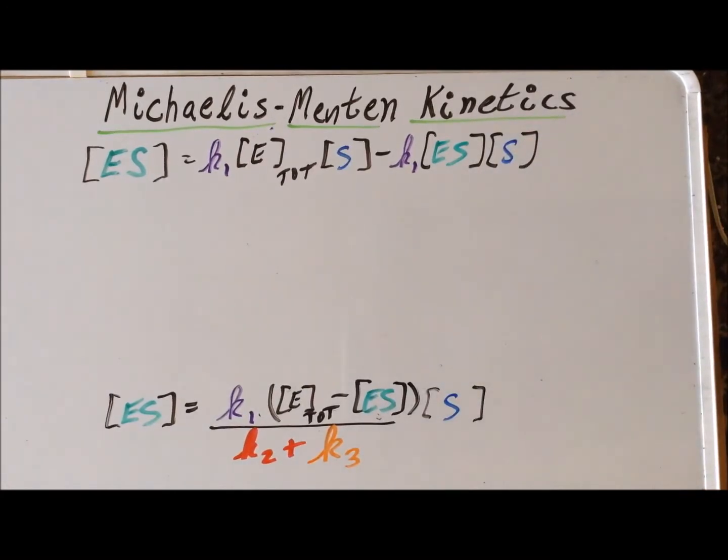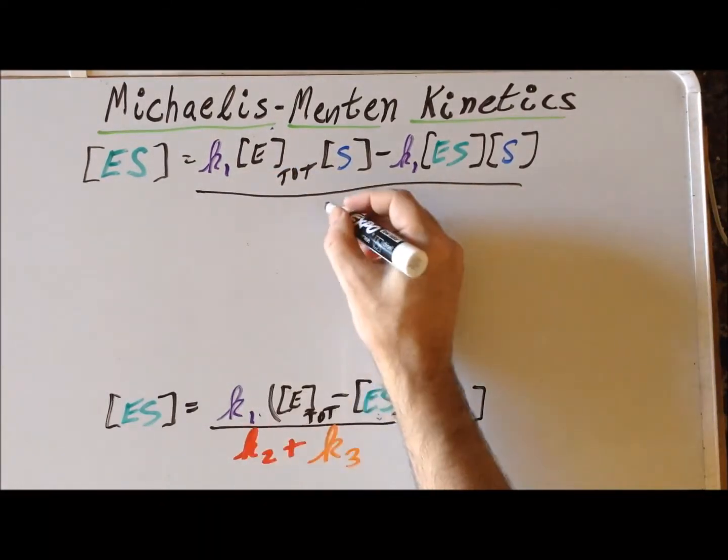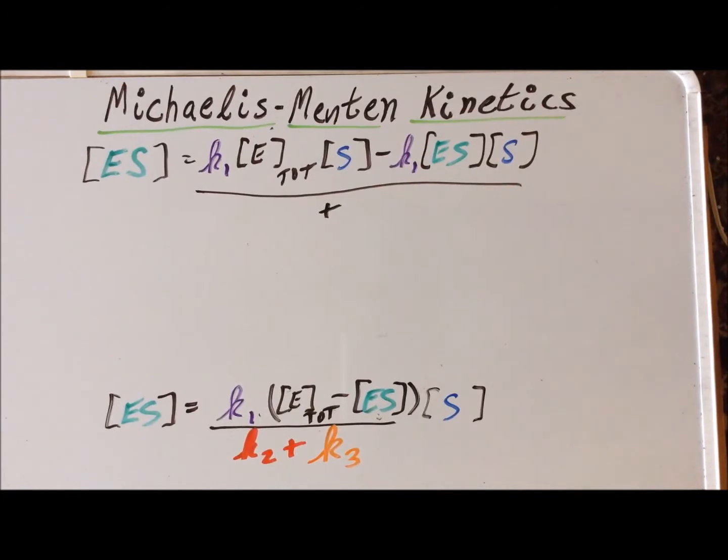And that's the numerator, and the denominator is going to stay the same, which is K2 plus K3.